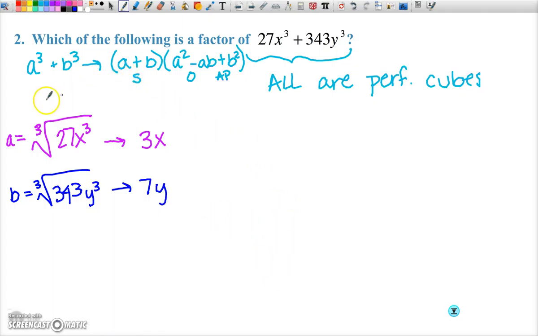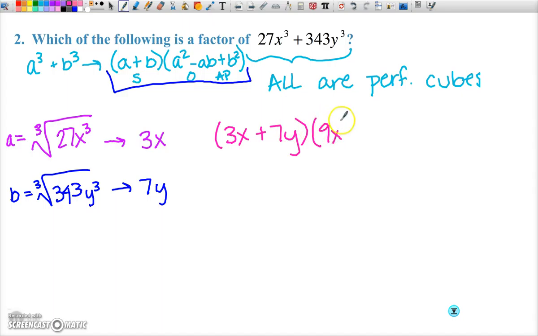So now what we do is we take this and we fill it into this whole form right here to factor it. So in our first set of parentheses, we have a plus b, so a is 3x and b is 7y. And then in the second set of parentheses, we take our a and square it, so we get 9x squared.